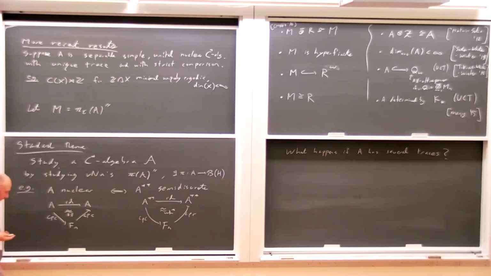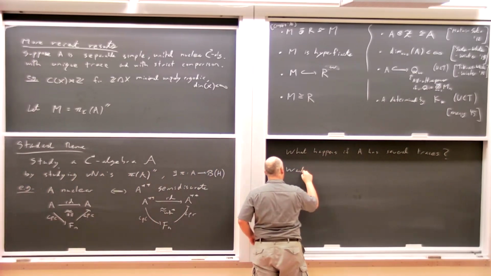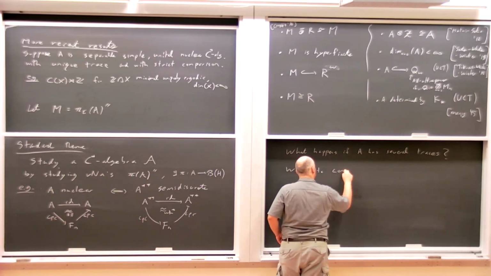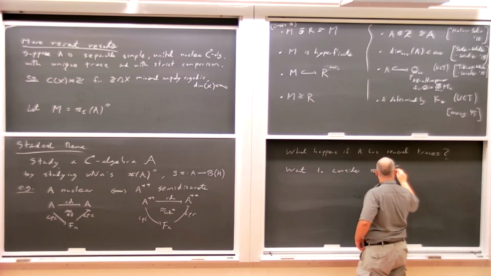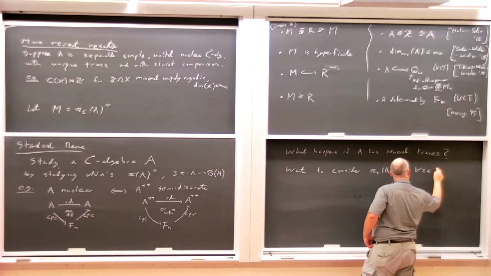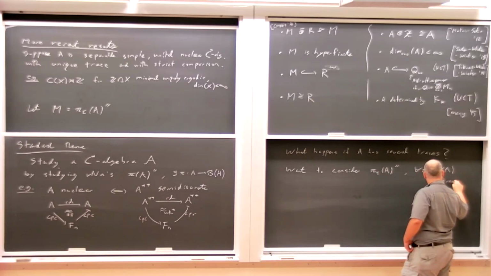And of course, you want to consider all the tracial von Neumann algebra completions. That's right, T(A) for the tracial states.